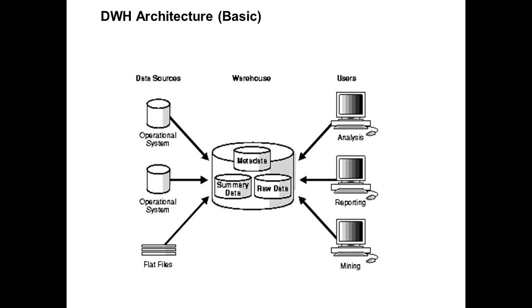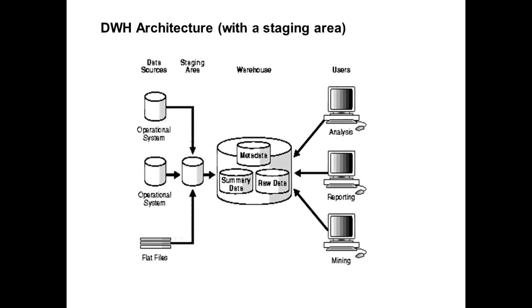Going to the next model, with a staging area. Why do we need a staging area? The organization has branches all over different countries. We are extracting the data from India, US, UK, so there will be different time zones, right?